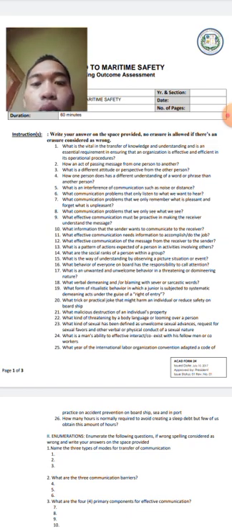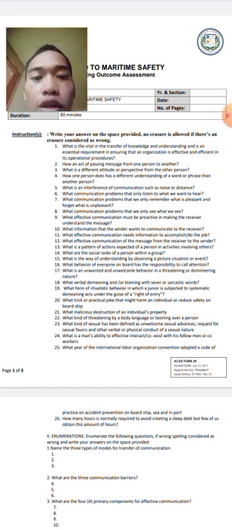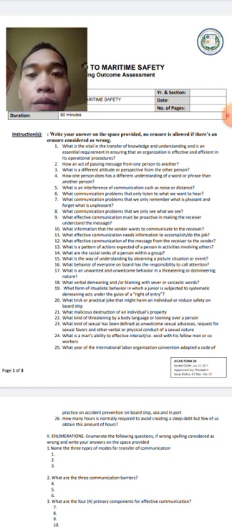And number 6, what communication problem is that we only listen to what we want to hear? My answer for this is selective perception.